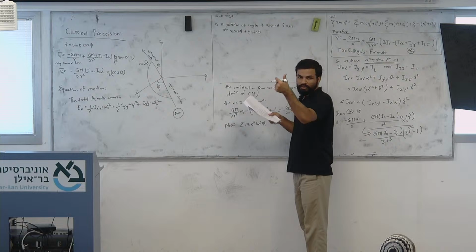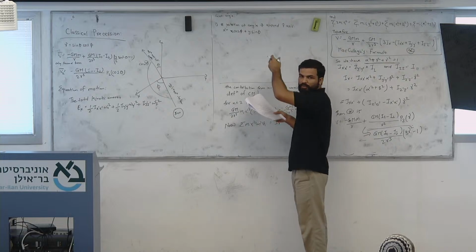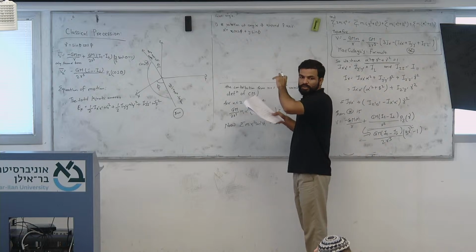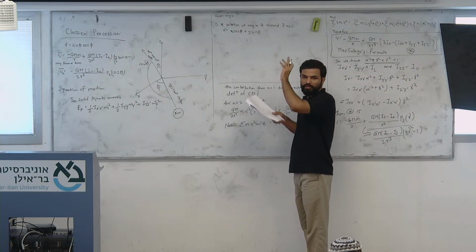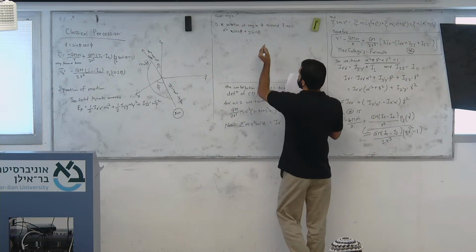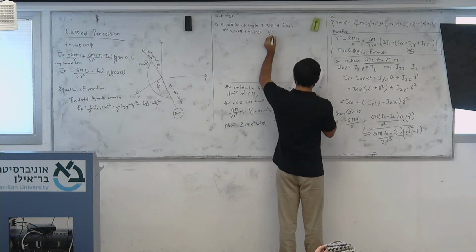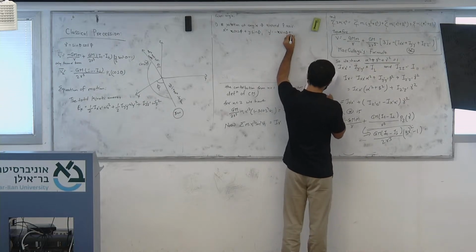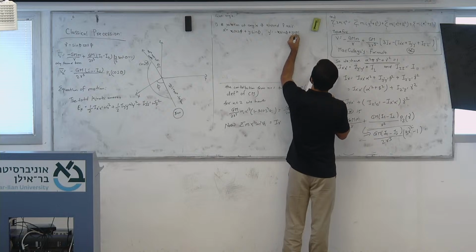Look at that plot, just rotate by the angle and then write down the component of x prime. Just search Google for Euler's angle, whatever comes out first, and there you can look at it. And then y prime will be written as minus x sine of phi plus y cosine of phi.